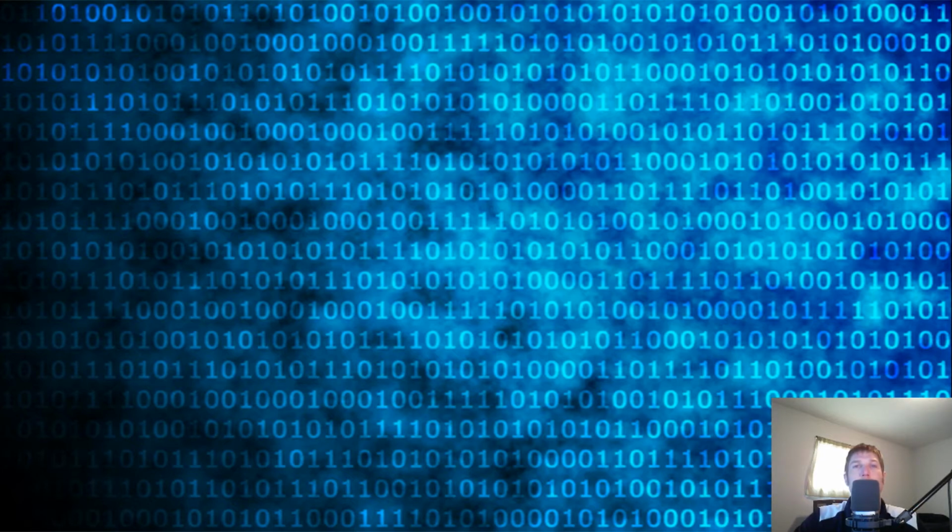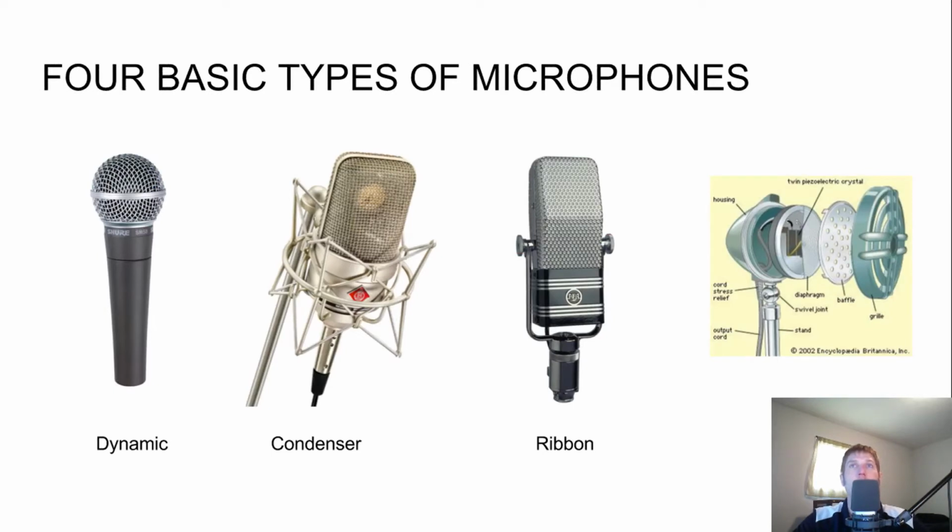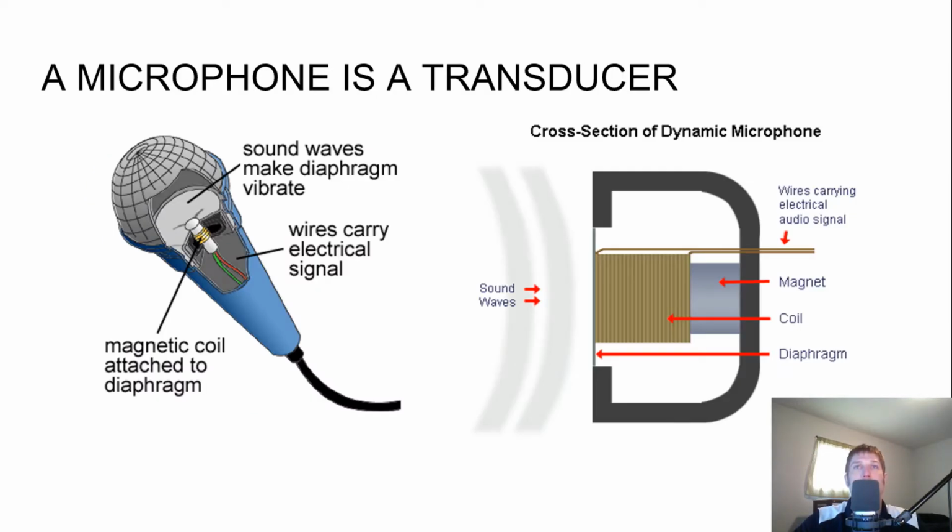Well, to better understand, let's take a look at how a sound wave travels through a microphone into the computer and then back out to a speaker. There are 4 basic types of microphones: dynamic, condenser, ribbon, and crystal. For this example, we'll be talking about dynamic microphones.